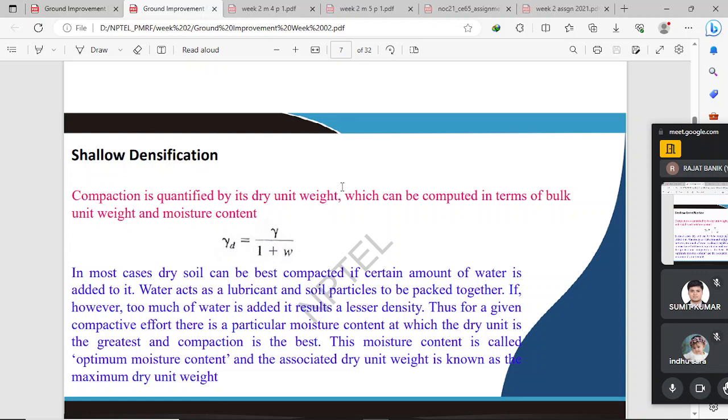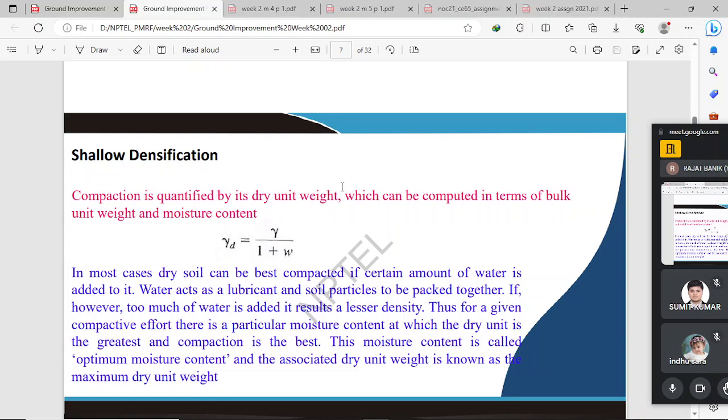We can find that by a simple formula which we learn in basic soil mechanics, in the three-phase diagram: gamma d, that is dry density, is equal to gamma by 1 plus omega, where gamma is bulk density and omega is water content.